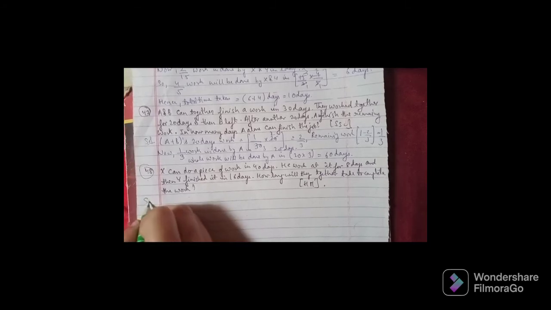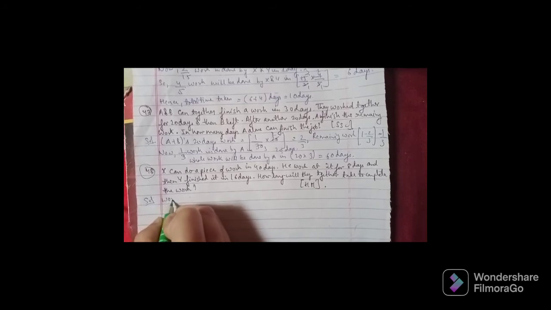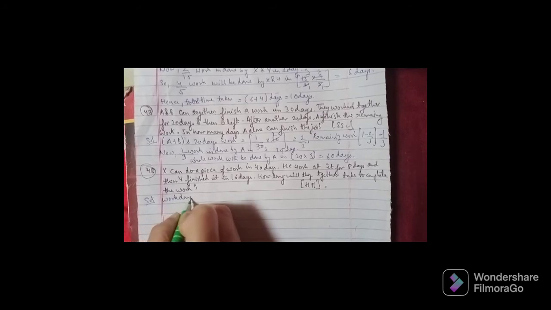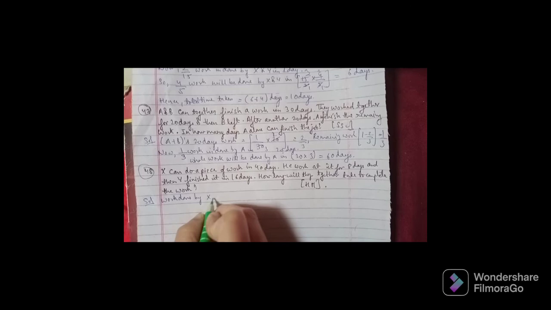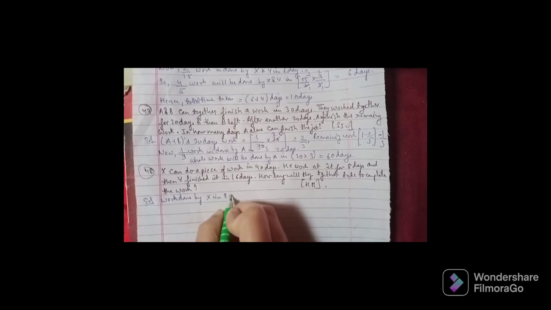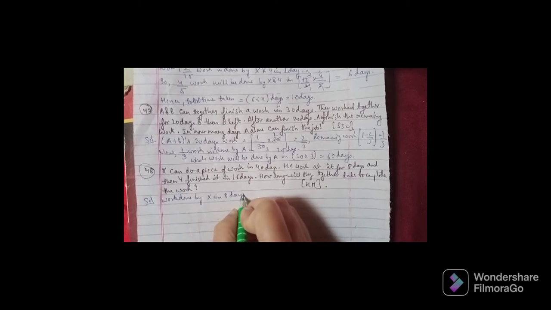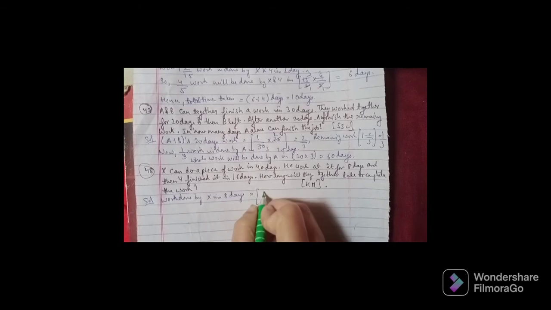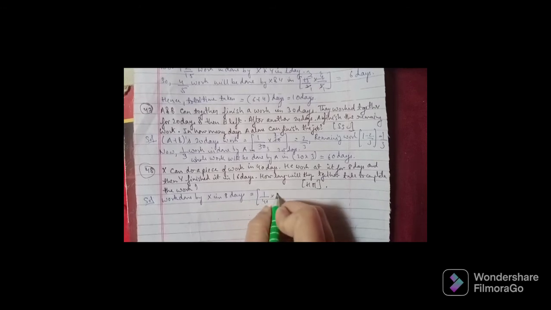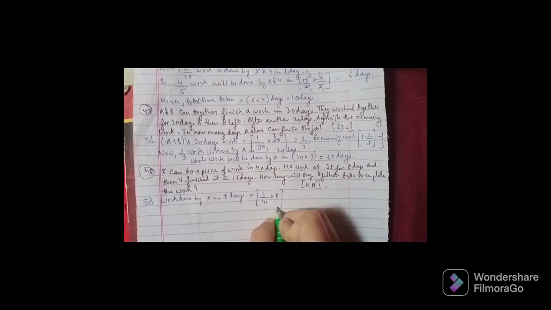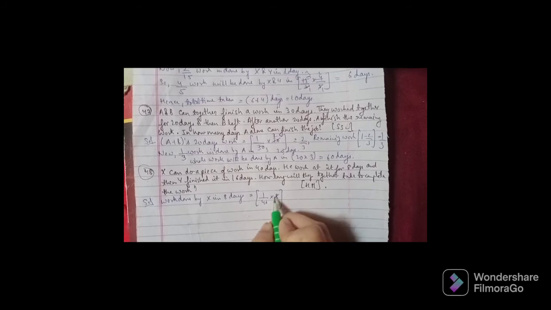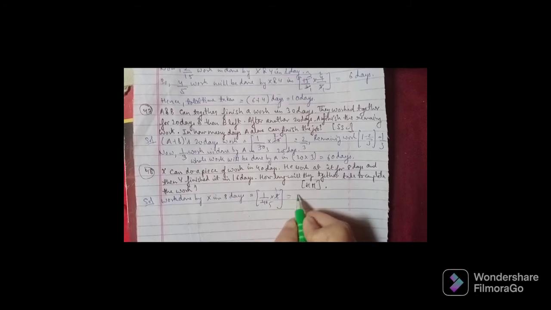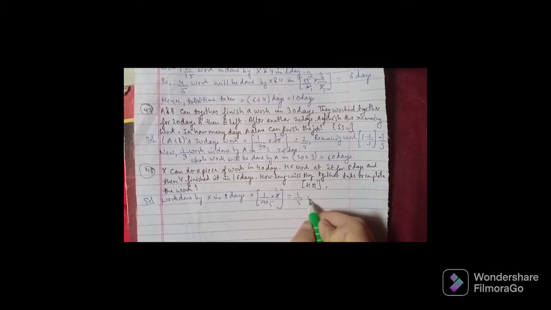Let's do that. Work done by X in 8 days equals 1 upon 40 into 8, which is 1 upon 5.